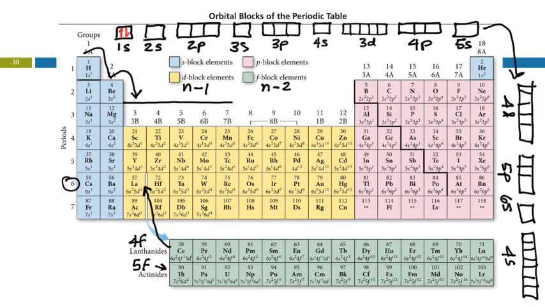So they are made in a lab, mostly by colliding nuclei with each other. They are unstable, they fall apart, and so they don't last very long. But they do exist and they have names. It takes a while for the scientific community to agree that, okay, let's name these guys now. So there are names for the rest of those, but they're just not on this periodic table. Excellent question. Any other questions?